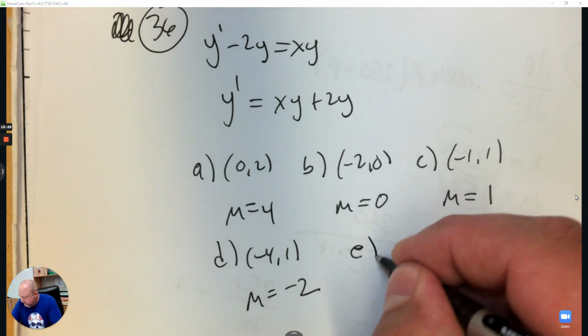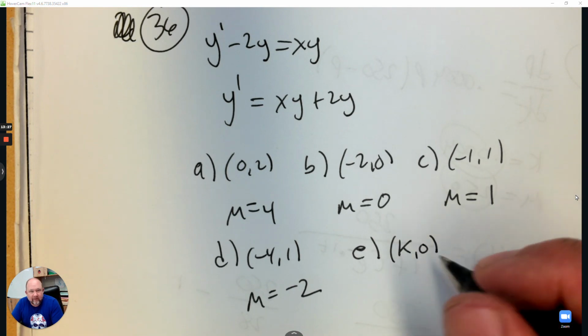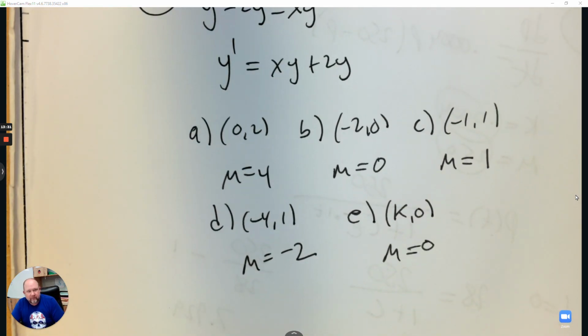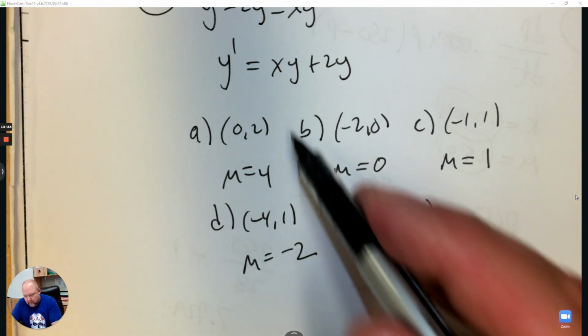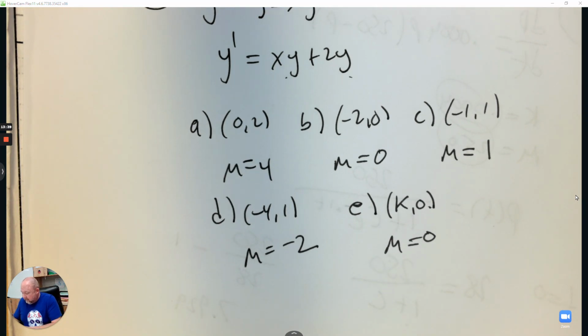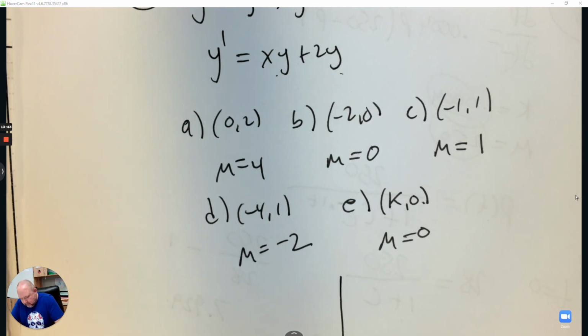E. So if y is 0, then the slope is 0, no matter what the value is for the x coordinate when you plug it in. Then it says sketch it on your own piece of paper just for quadrant number 2. All right.